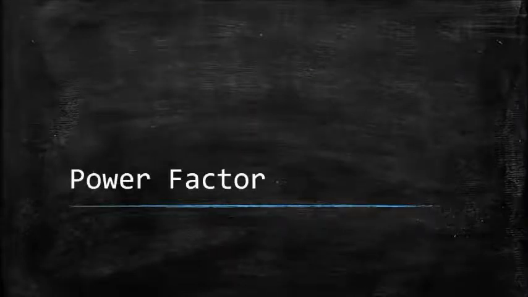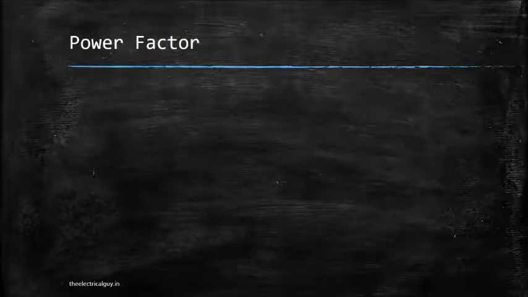Now let's see about power factor. I'm introducing power factor here because this is very closely related to the active, reactive and apparent power. So let's see what is power factor. Now if you ask any electrical student what is power factor, he may tell you power factor is the angle between voltage and current. Well, the definition may be true, but it is not the proper way to define power factor.